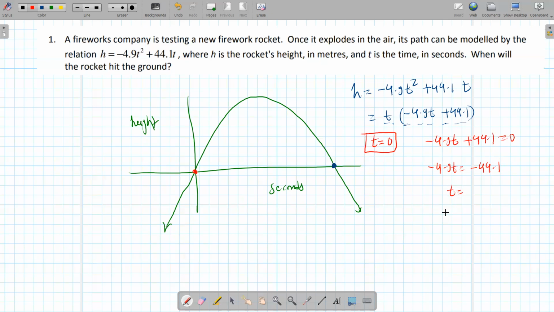So 44.1 divided by negative 4.9. That gives us what? 9, exactly 9. So t equals 9 seconds. And there you go, that's the answer. The x-intercept is 9. So after 9 seconds, it's going to hit the ground.